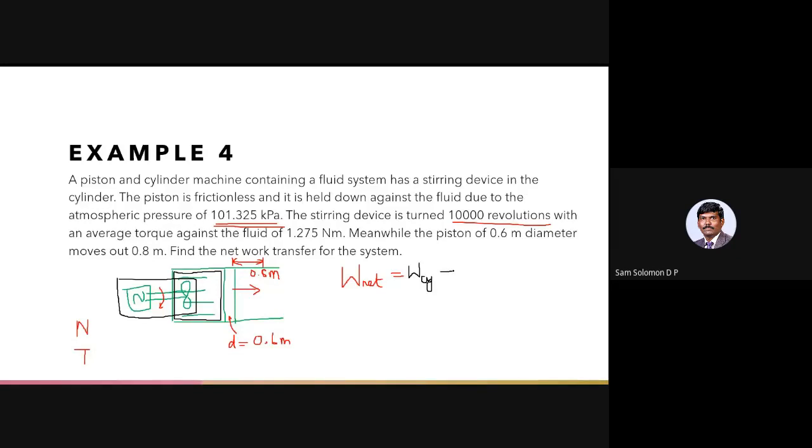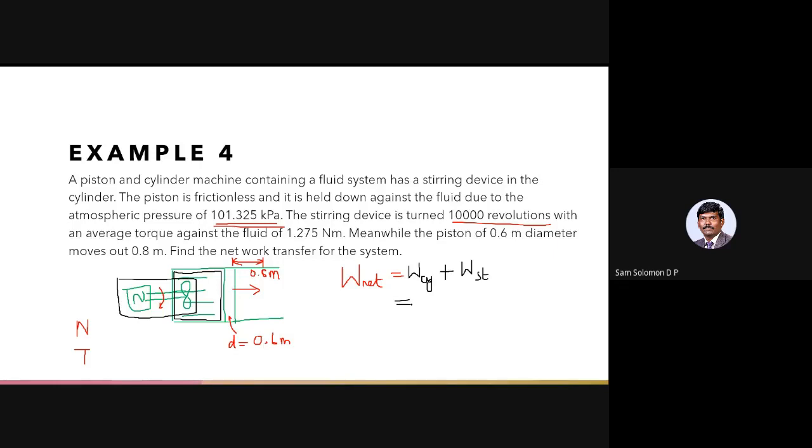The other one is the W in case of a steering device. We are very familiar with W in case of a cylinder piston device, that is PdV. You all know that we have our derivation for W equal to integral PdV. We took the example of the cylinder piston arrangement, so we know that it is going to be PdV.